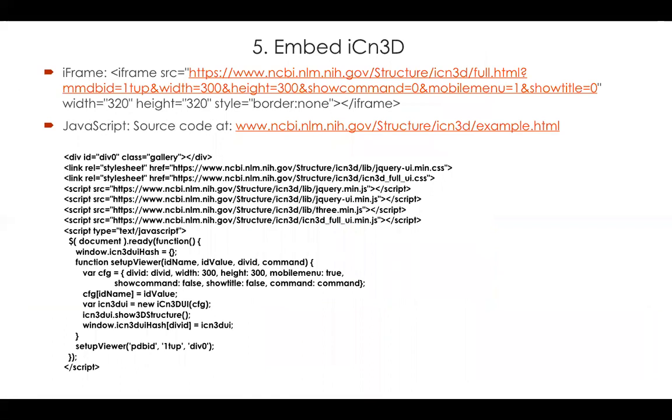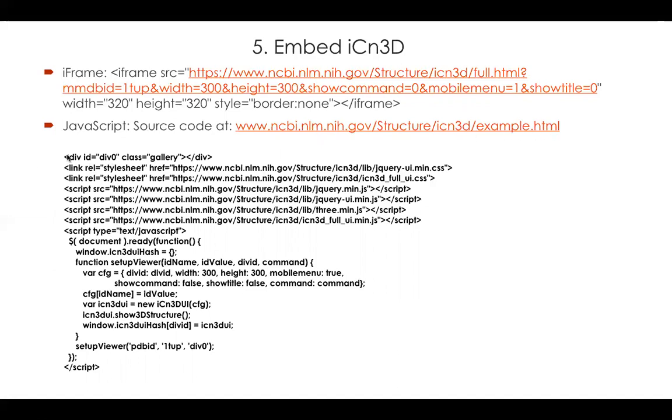Next topic, I'm going to talk about how to embed iCn3D. The simplest way is to embed iCn3D using iframe. If you want to use JavaScript to embed the source code, you can check out the source code at example.html.